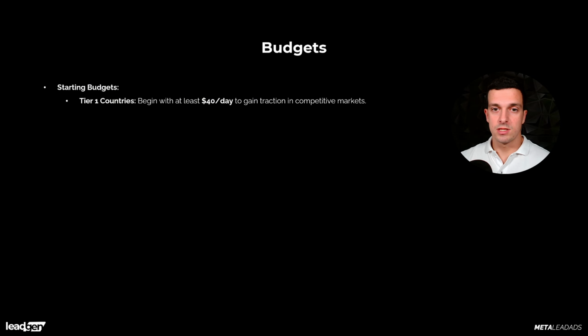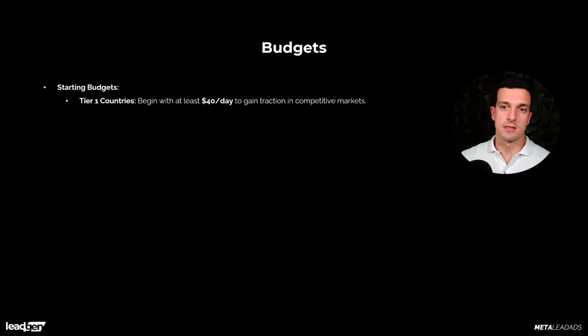First of all, let's cover budgets. A lot of people don't know how much to spend, what's the minimum, what's the optimal, how to scale, so I'm gonna cover that briefly. Tier 1 countries begin with at least $40 per day to gain traction in competitive markets. So basically that's USA, Canada, Australia, UK, and these kind of countries where there are a lot of people advertising.